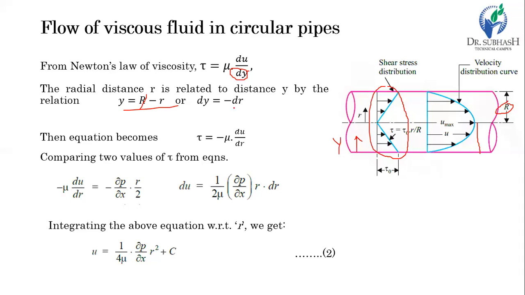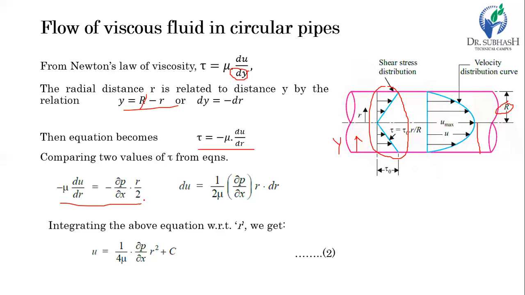So dy equal to minus dr. Put this value of dy in this equation, and you will get the equation like this: tau equal to minus mu into du by dr, where du is the change of velocity and dr is the radial distance between two layers. So this equation is ready to use for the flow inside the pipe, or the viscous flow inside the pipe. By comparing this value of tau with the equation tau equal to minus del p by del x into r by 2, we get the relation like this.